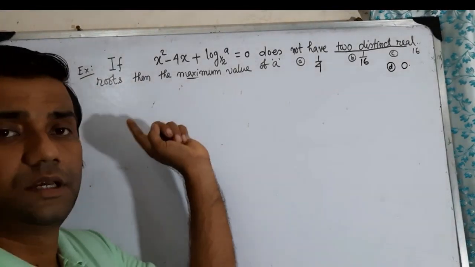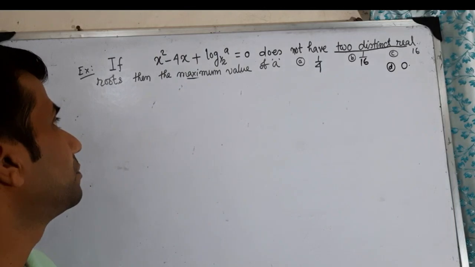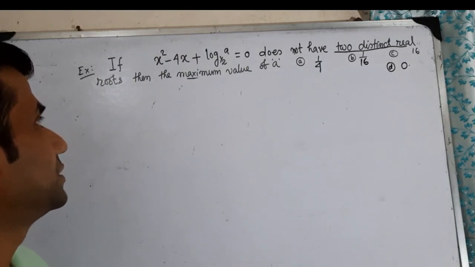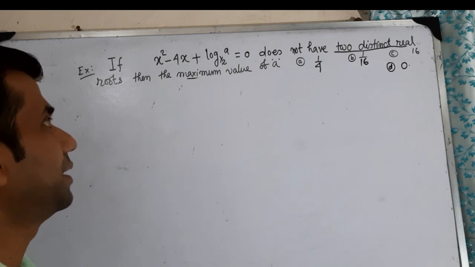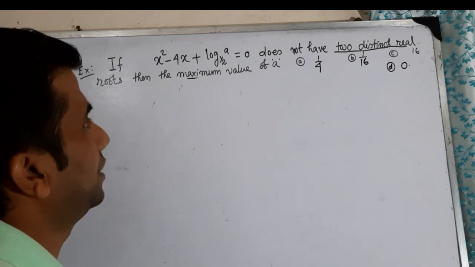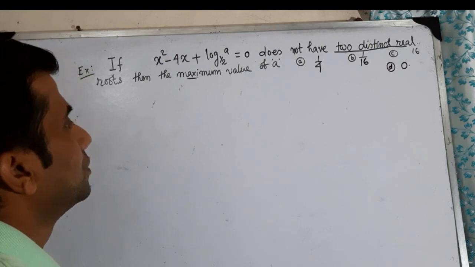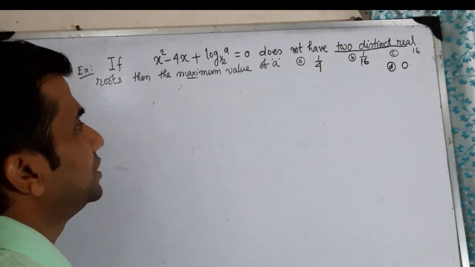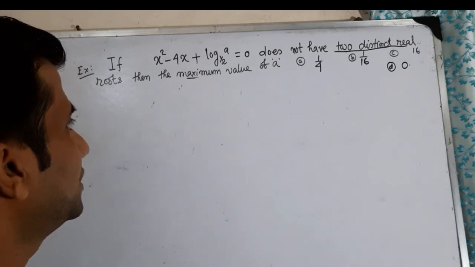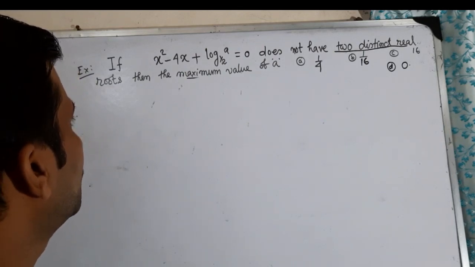Here the question is: x square minus 4x plus log a base half is equal to 0 does not have two distinct real roots, then find the maximum value of a. So what does it mean that it does not have two distinct real roots? It means that it has two equal roots.